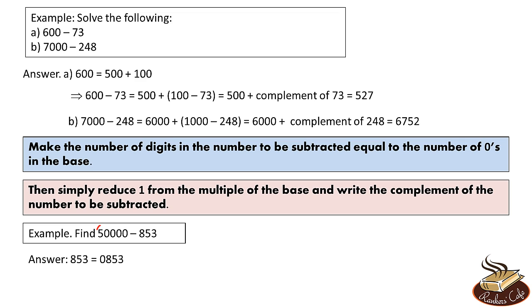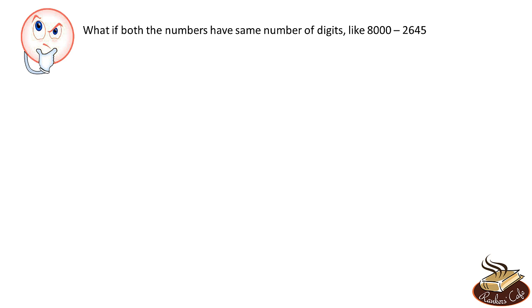Now reduce 1 from the multiple of the base. That is, reduce 1 from 5 to get 4. And this should be followed by the complement of 0853. The complement of 0853 is 9147. So our answer is 49147.